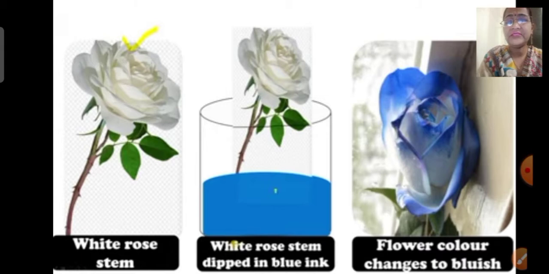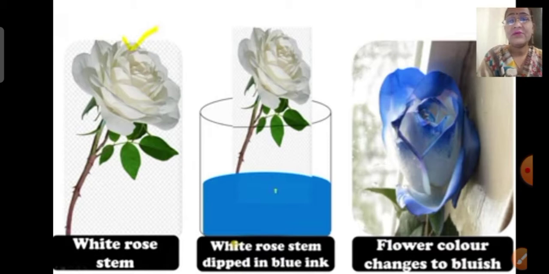We dip this rose stem in blue ink, and we observe that the flower color has changed to bluish. And how, children? Because the stem has transported this blue water to the flower. This proves that the stem transports or conducts water and minerals.